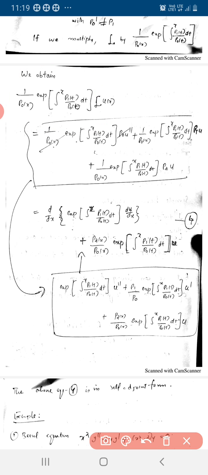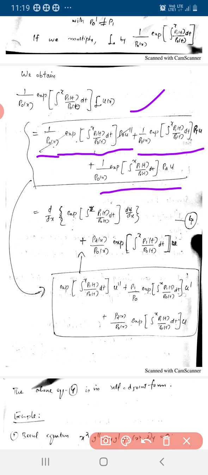As you multiply, you will get this 1 by P0 of x, this first term, second term, you will get this, third term, it will be this. Here you can cancel this P0 of x.